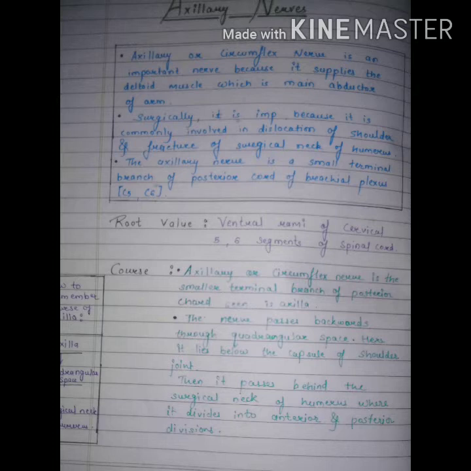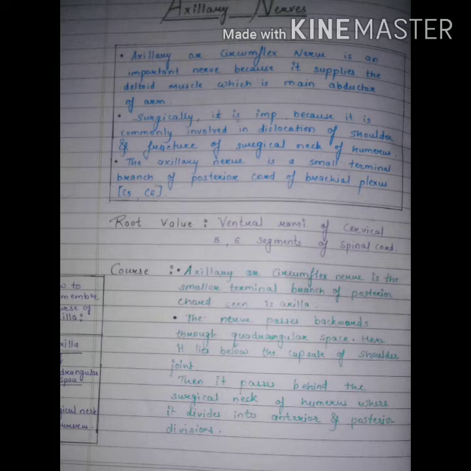Then it passes behind the surgical neck of the humerus, where it divides into two branches, anterior and posterior.